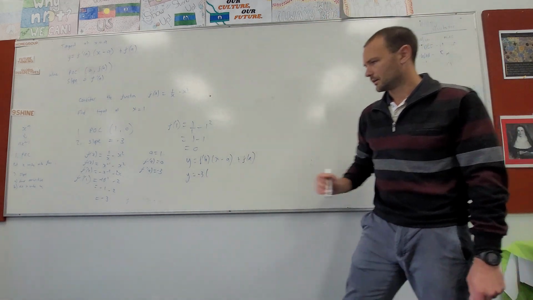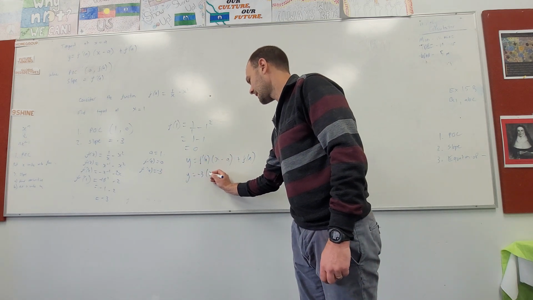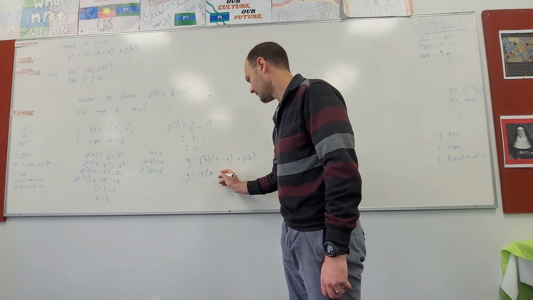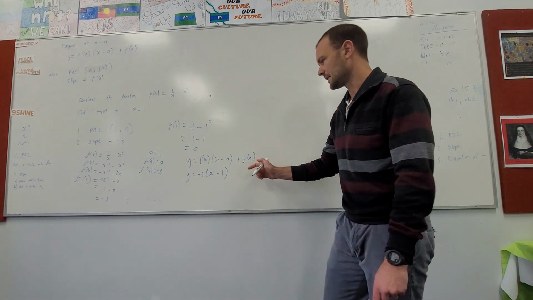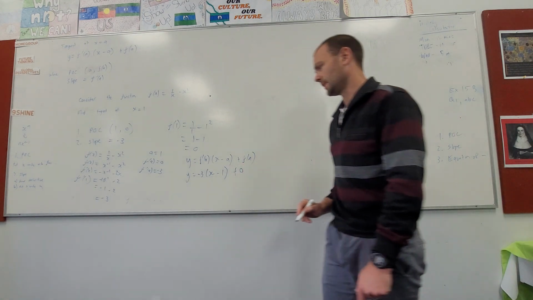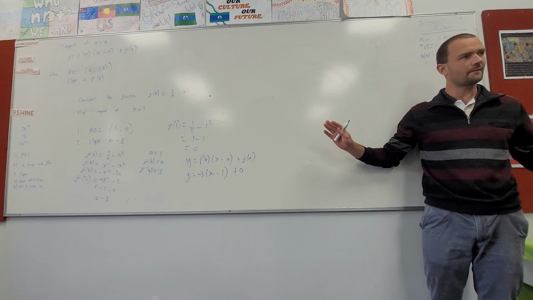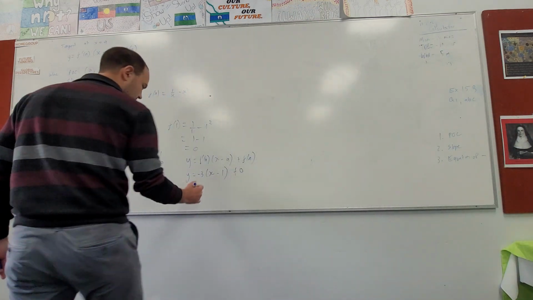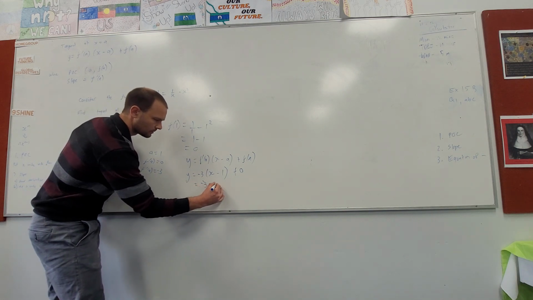We're multiplying. In brackets, we have x take away a. The value of a is positive 1, so we'll have x take away 1. And then f of a is 0, so we have plus 0 over here. Then all we have to do is expand and collect like terms. This becomes minus 3x plus 3.